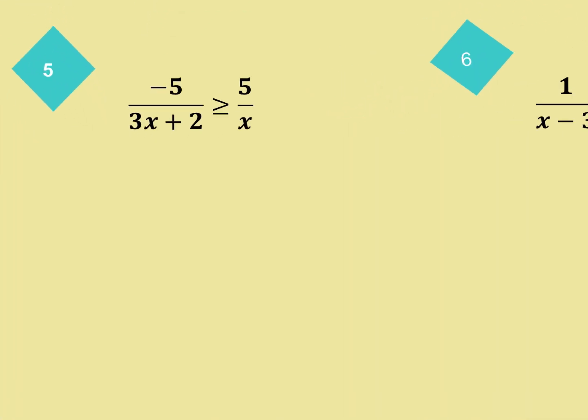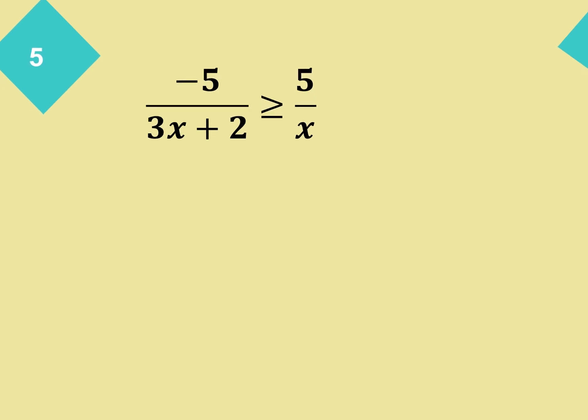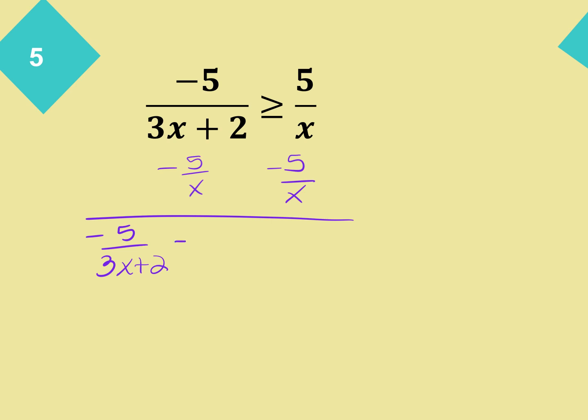All right, so for the next one, again, don't solve it as a proportion. We need to subtract the 5 over x. I need to get a 0 on one side of my inequality. I now need to find a common denominator.